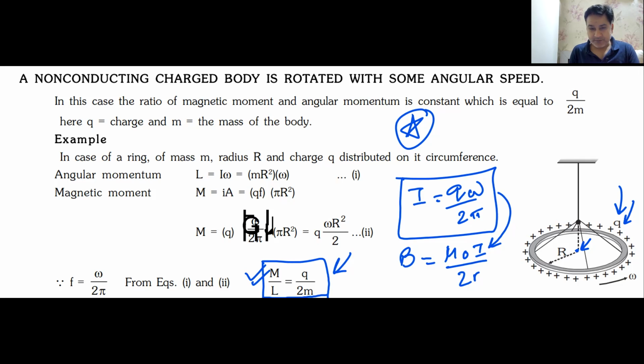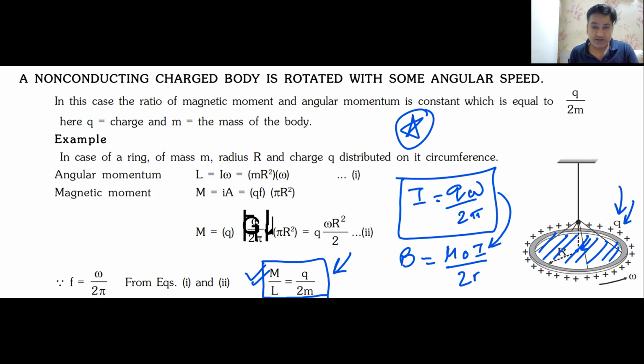Are you getting my point? Yes, sir. Now, how can they make a difficult question? Now, instead of a ring, they will make it a disk of radius r and having total charge q rotating with an angular velocity omega.